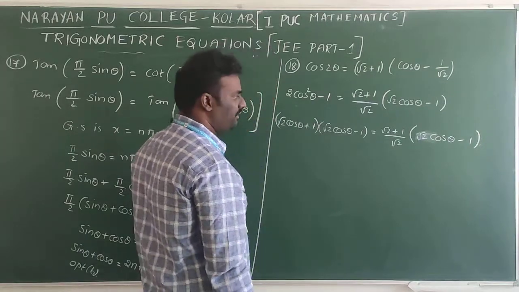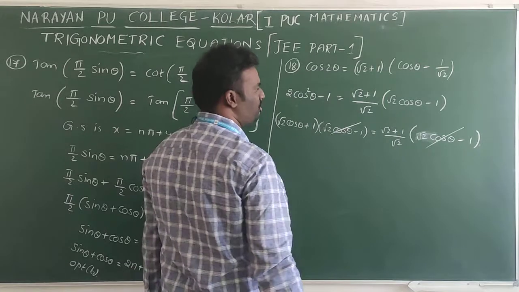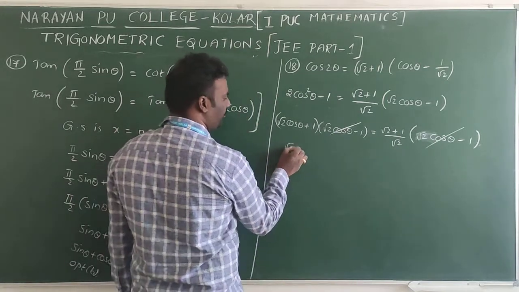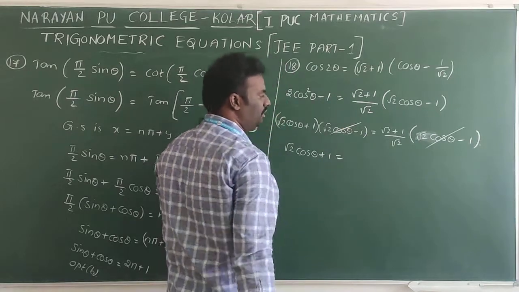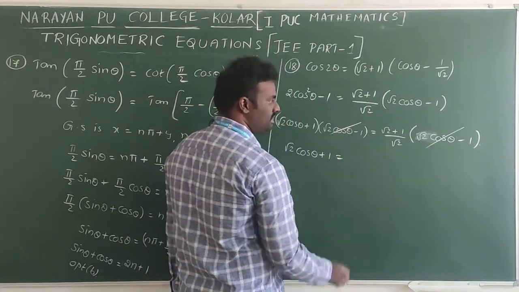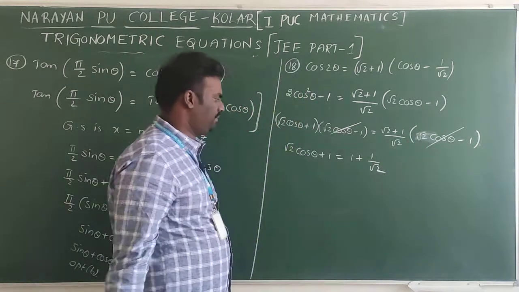If you simplify this, root 2 cos theta minus 1 cancels. Now root 2 cos theta plus 1 is equal to, the simplification of this is, 1 plus 1 by root 2.